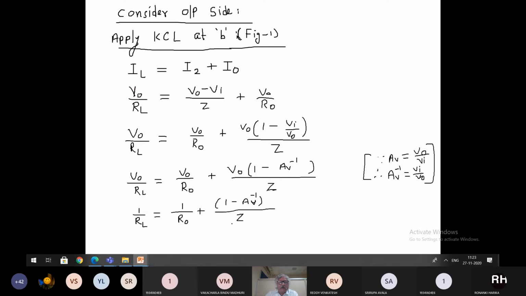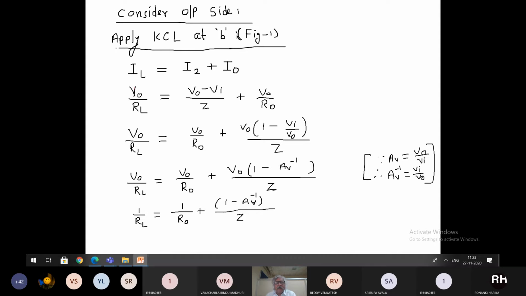With this we can say that RL is equal to R0 in parallel with the reverse of this last term, that is, Z by 1 minus AV inverse.